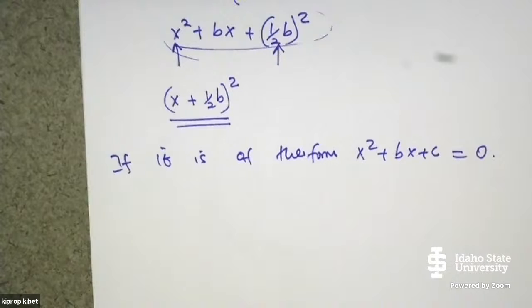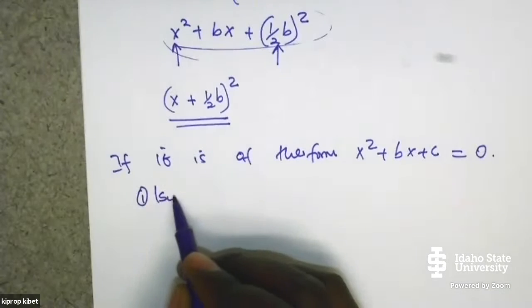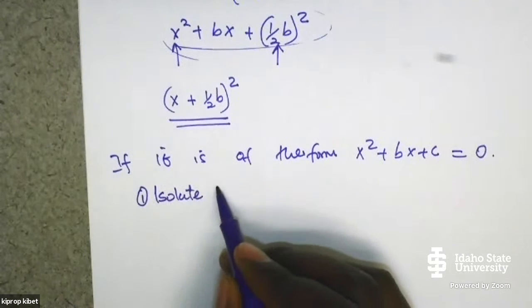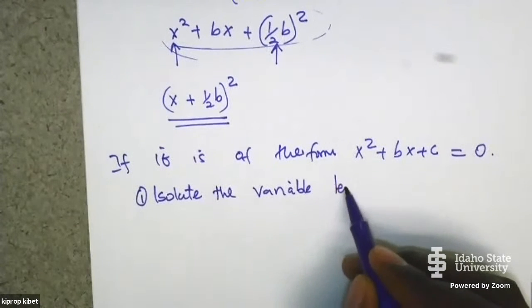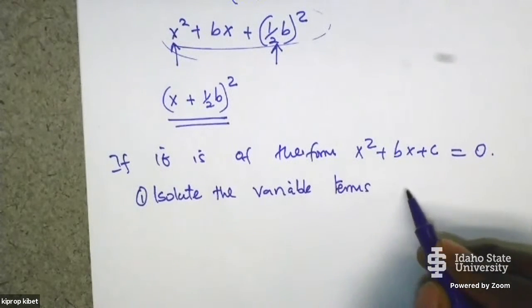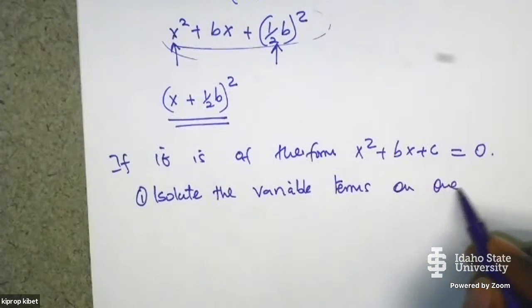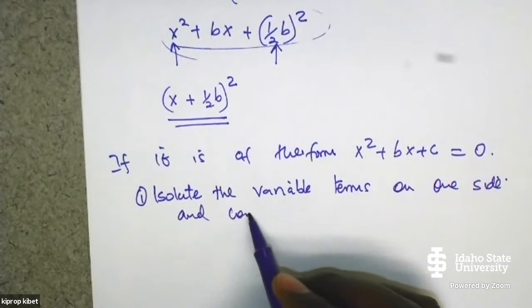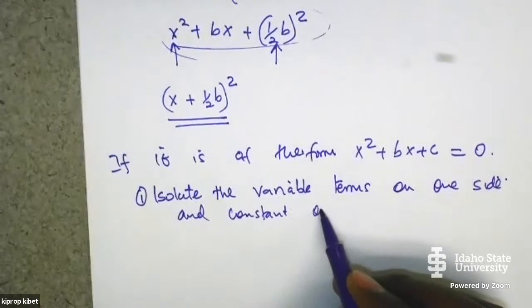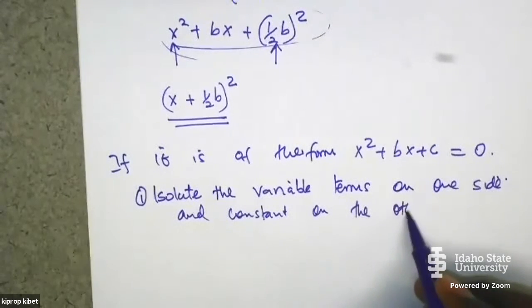Since the coefficient of x squared is 1, the first step is number 1: isolate the variable terms on one side and the constant on the other side.